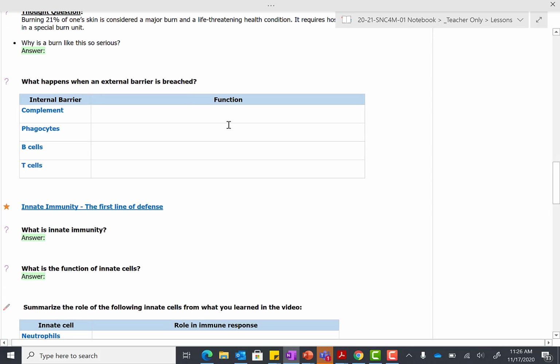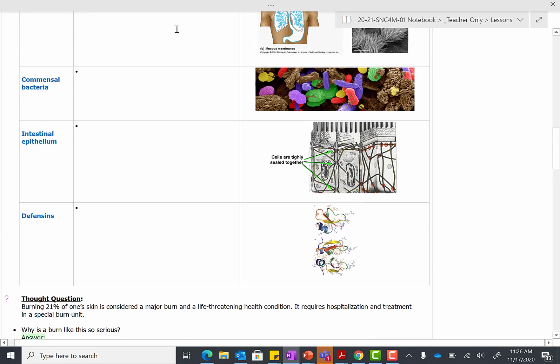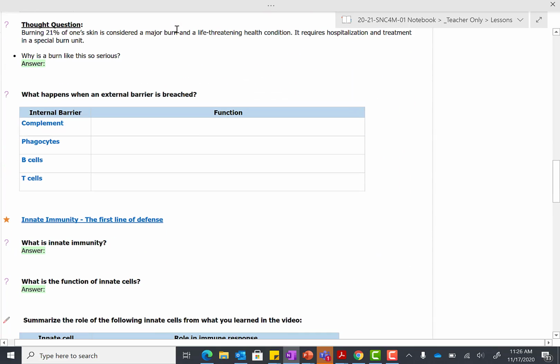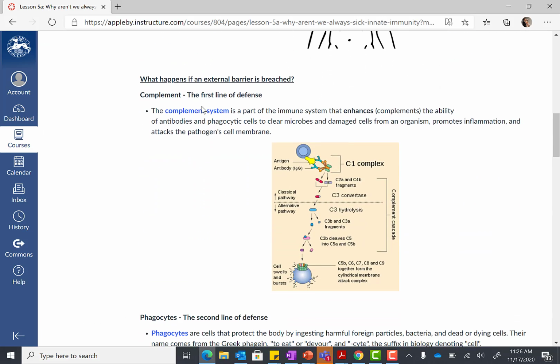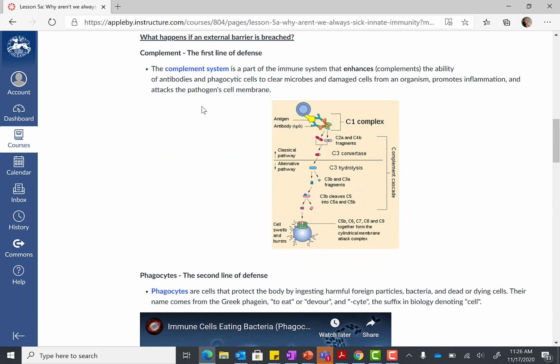Once you've done that, we're starting to look at some more internal barriers and what happens if one of these external barriers is breached. To do that, come back to your Canvas lesson, and it'll talk about some of these internal barriers. A lot of these we're going to go into more detail, some of them in this lesson and then a couple in our next lesson. The first part there is this idea of complement.